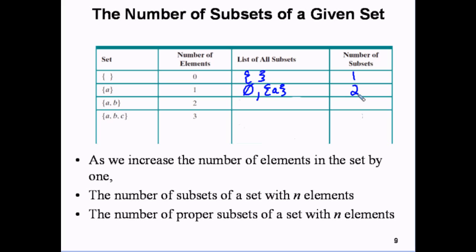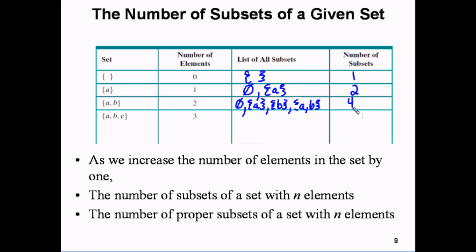And if I have two elements, A and B, I have the empty set, and I have A, and I have B, and I have A and B. 1, 2, 3, 4.